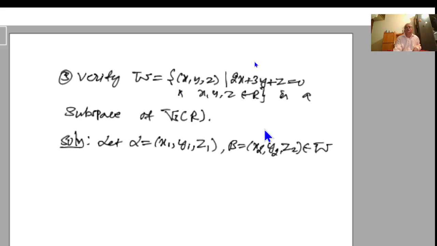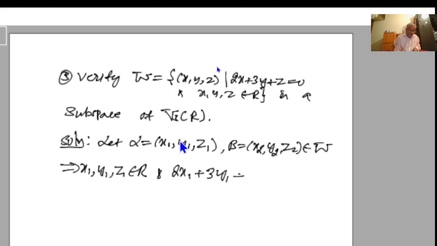If these two belong to W, it means x, y, z belong to R and this condition is satisfied. That is, alpha belongs to W means x1, y1, z1 belong to R and 2x1 plus 3y1 plus z1 must be equal to 0.